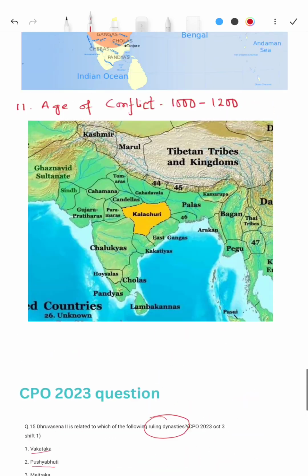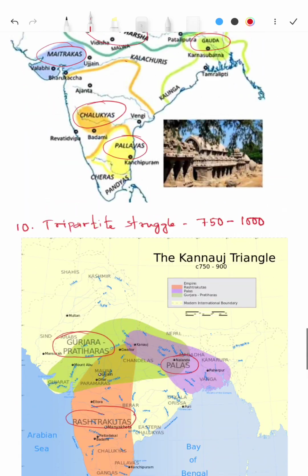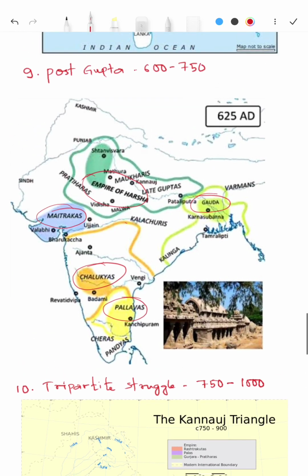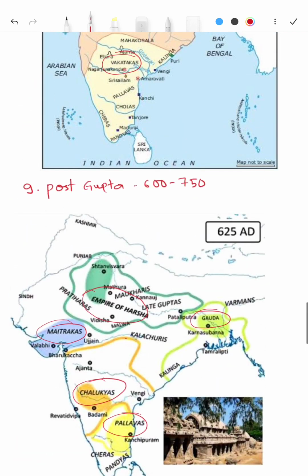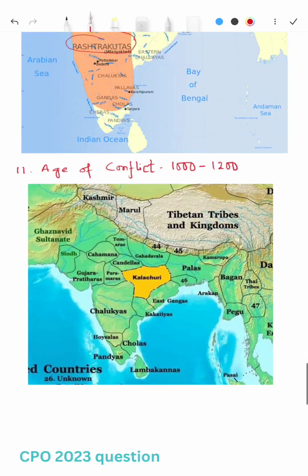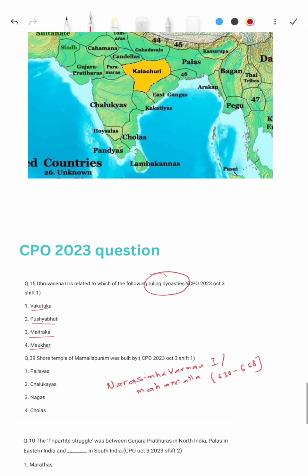So if we go on top, you will find that the question belongs to this time range, that is 600 to 750 AD. See the Maitrikas, then Chalukyas, Pallavas, then Vatakas here. So when you study the history of this time range, dynasties and the kings, you will be able to answer that the ruling dynasty is Maitrika.